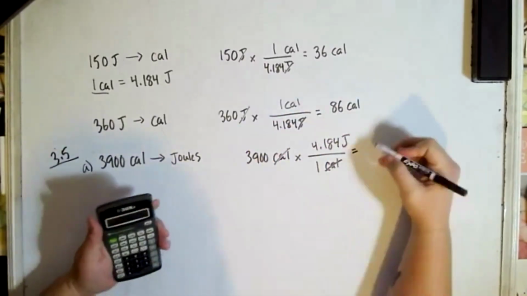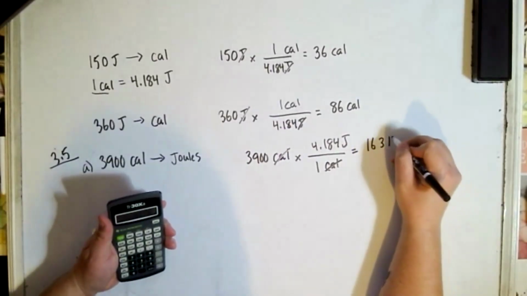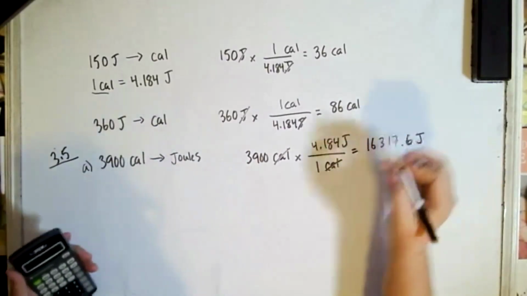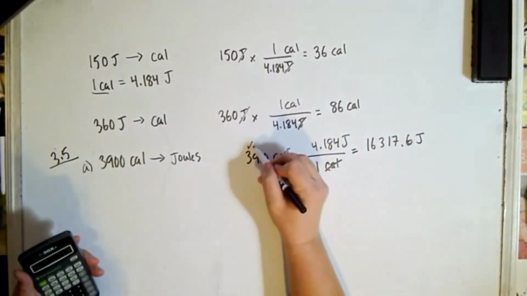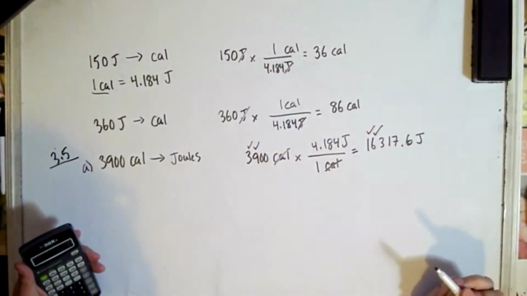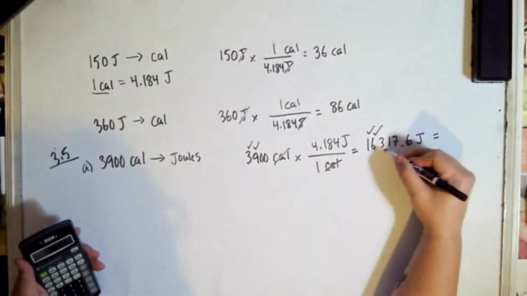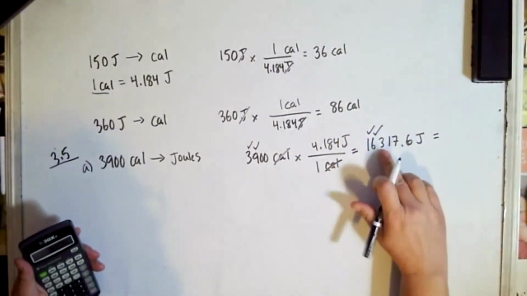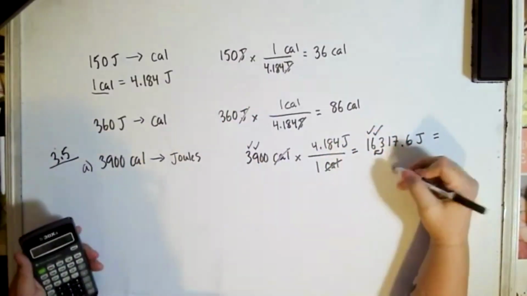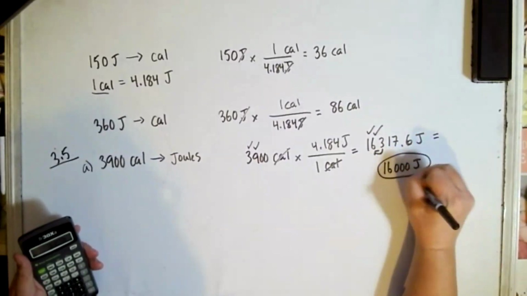We end up with 16,317.6 joules. Our number 3,900 has 2 significant figures, so we're going to keep 2 significant figures in our final answer and turn the rest into zeros. The 3 is below a 5, so we don't have to worry about rounding. So the final answer is 16,000 joules.